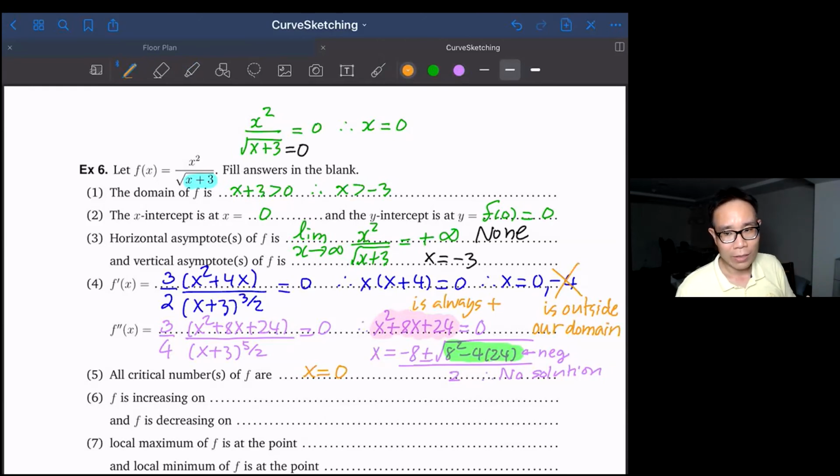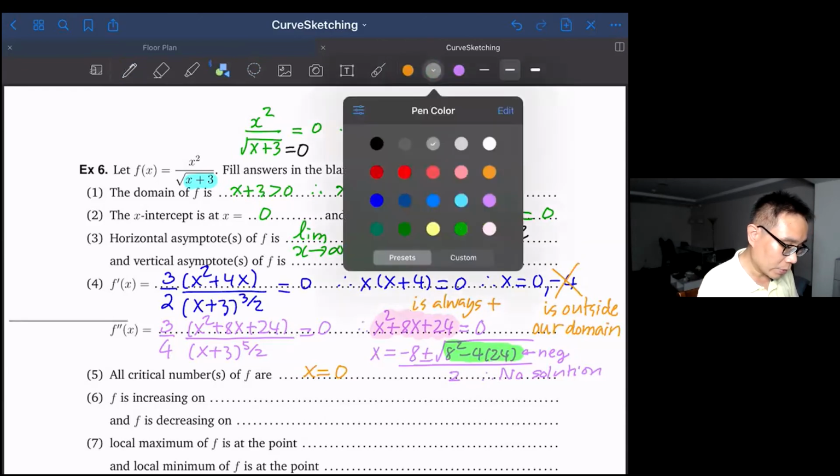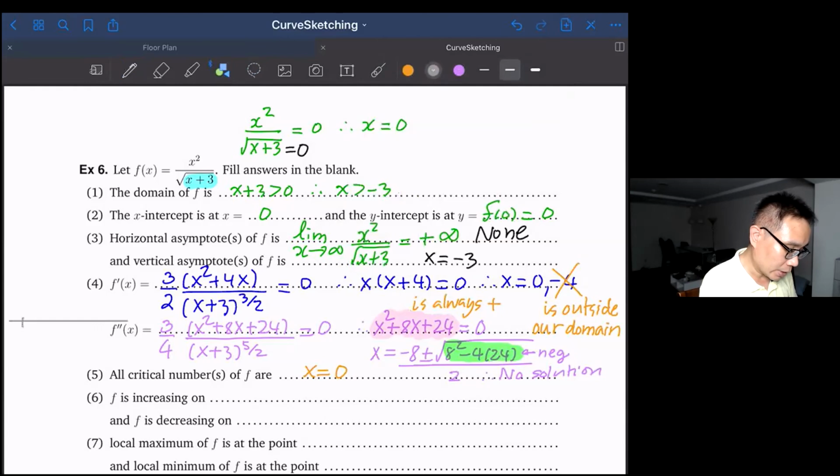So in this case, it's never negative. If you have positive and negative, there must be a 0 in between. So this one is always positive. And so you're going to draw and check the sign for me. So here I'm going to have this one, and the domain is -3, so it's -3 first.